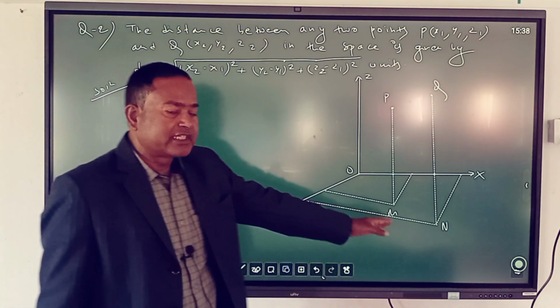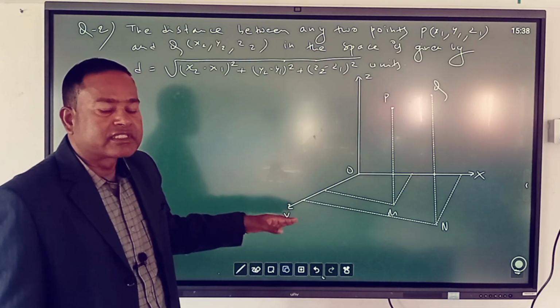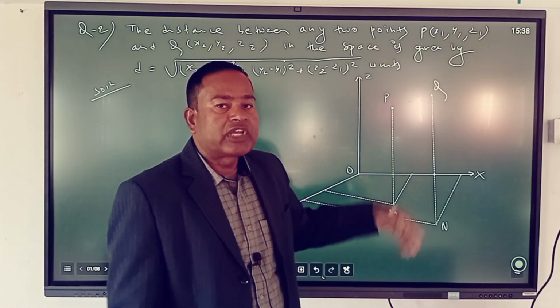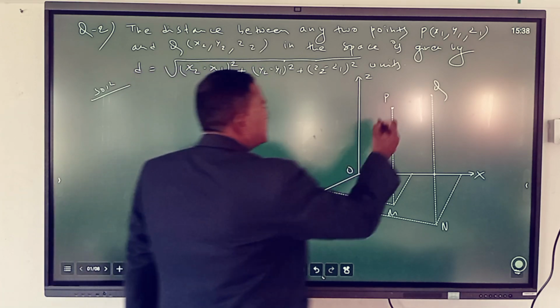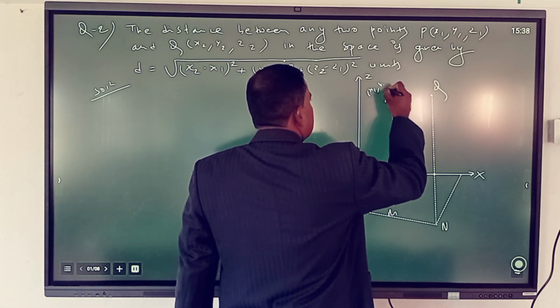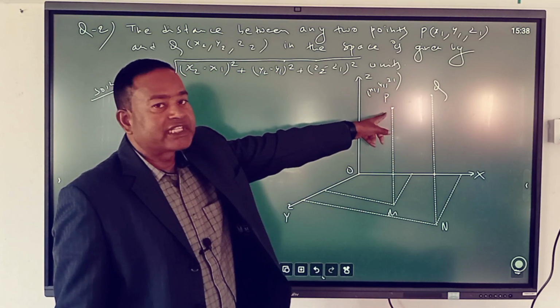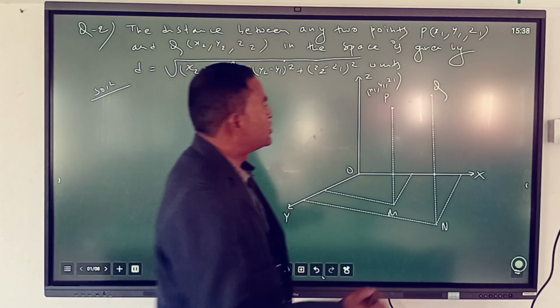And from the point N, also we draw a perpendicular to the y-axis so that we can locate the x and y coordinates of the given points. x1, y1, z1 are the coordinates of the point P and the coordinates of the point Q are x2, y2, z2.